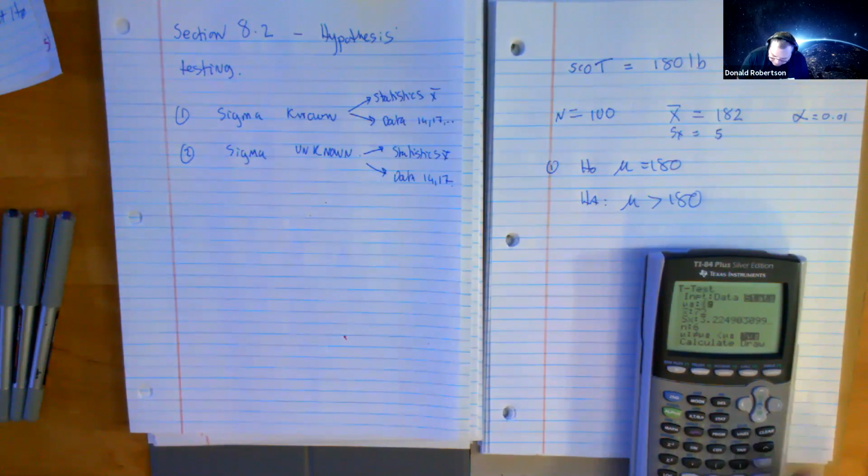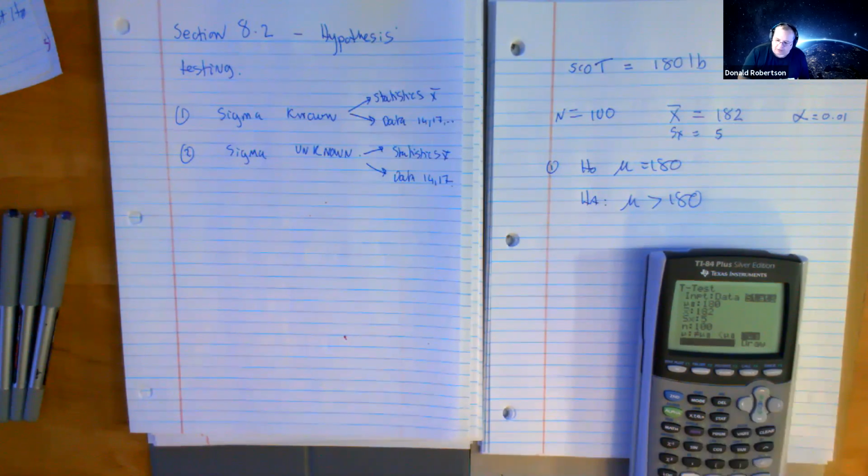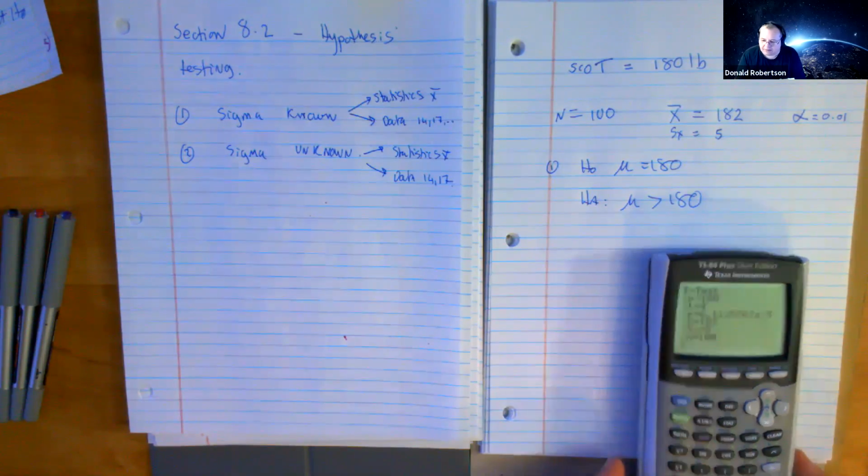So let's see what we got here. Mu is 180. X bar was 182. The standard deviation of that sample was 5. There were 100 people in this sample, and we're doing the bigger than, and we're going to calculate, right? And let's see what we got here.